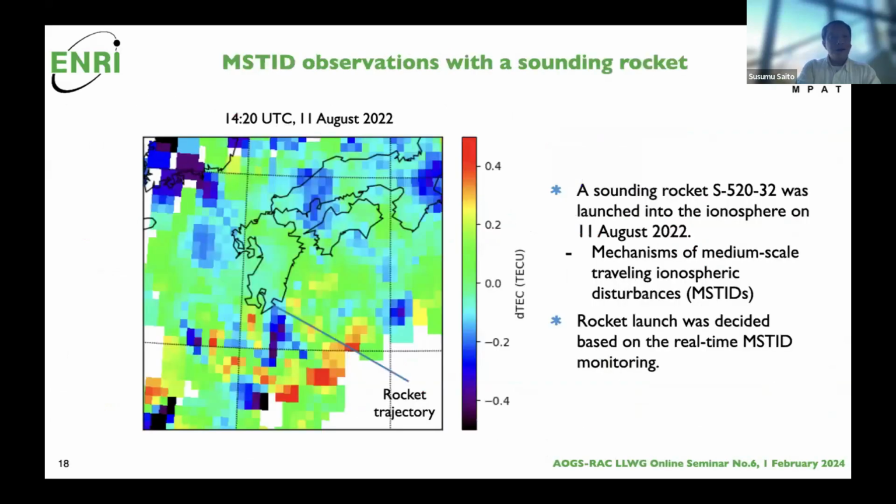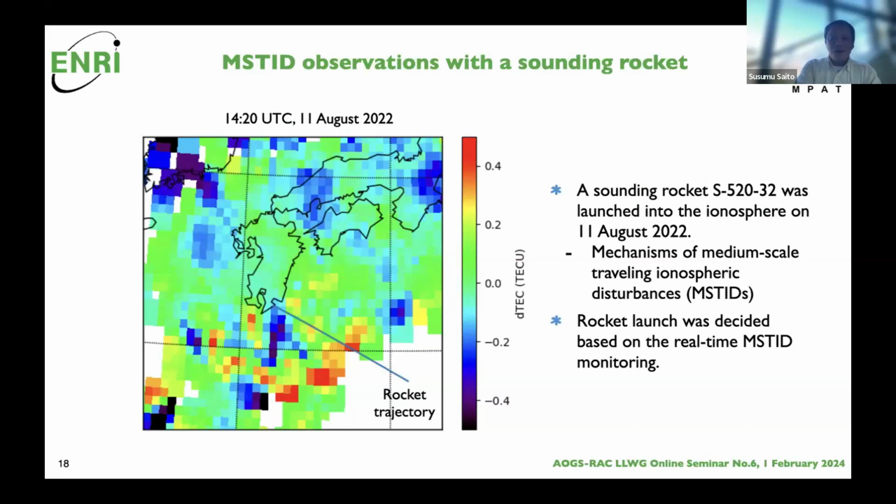Another application was for the sounding rocket measurement of the ionosphere. In August of last year, a sounding rocket was launched into the ionosphere to study the physics related to the MSTID.